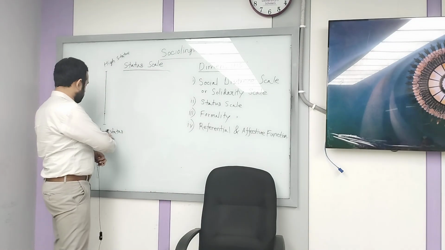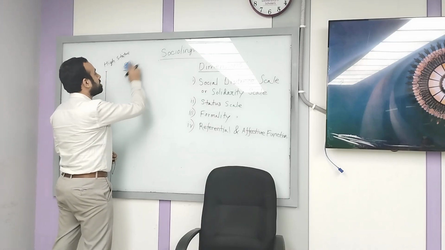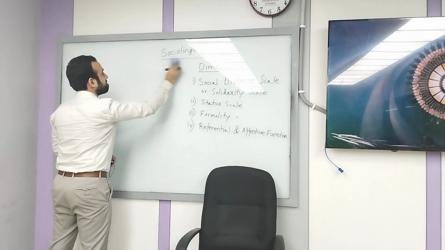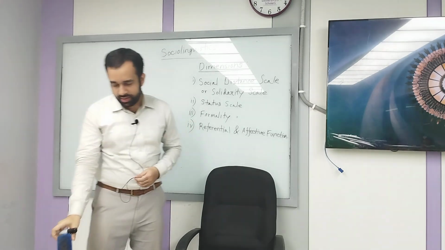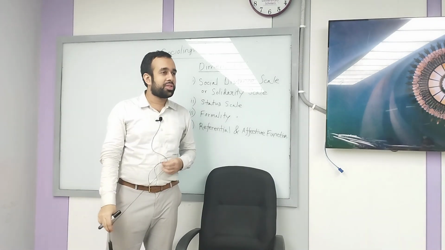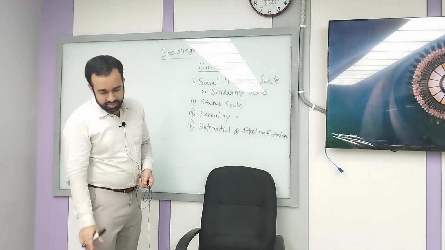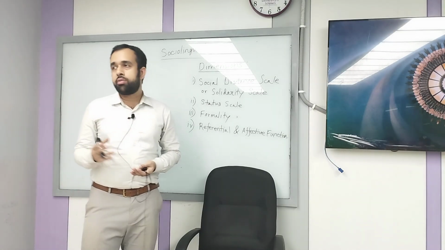Then, the formality scale. Sometimes we say in Bengali conversation, just like eto formality dorkar ache, directly bolo, right? So by this way we can determine how formal our conversation is.